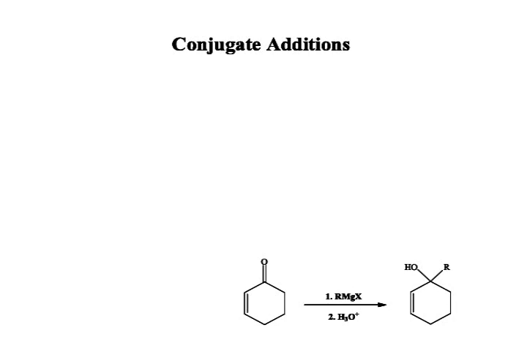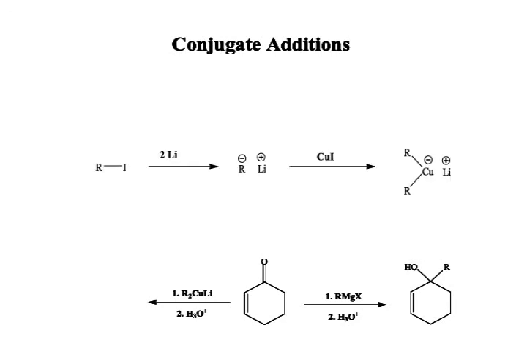If, on the other hand, I use a weaker nucleophile, like this copper reagent, let's say it's dimethyl copper lithium. This is made from methyl lithium and copper iodide, copper 1 iodide. It's a metal-metal complex.